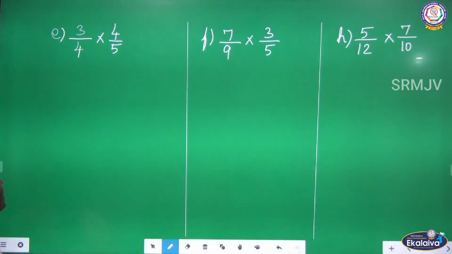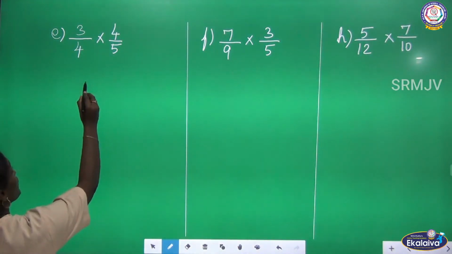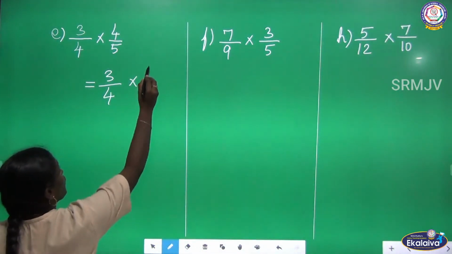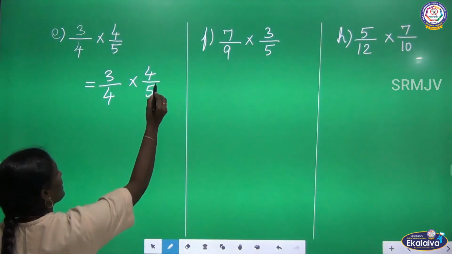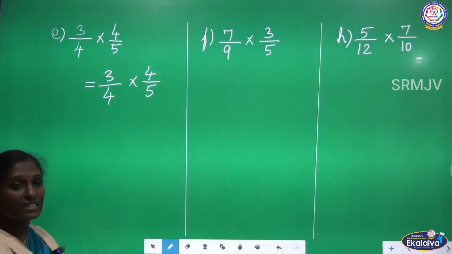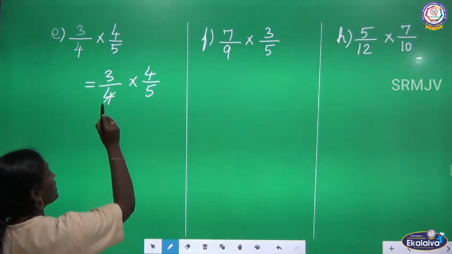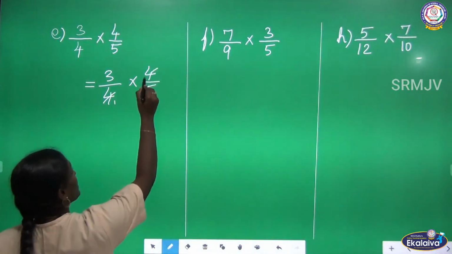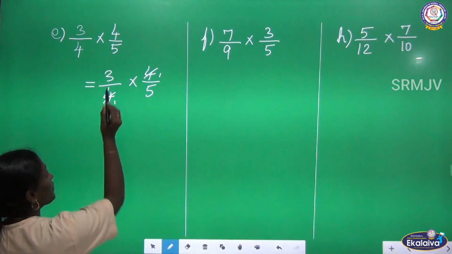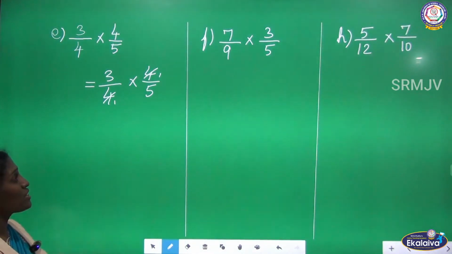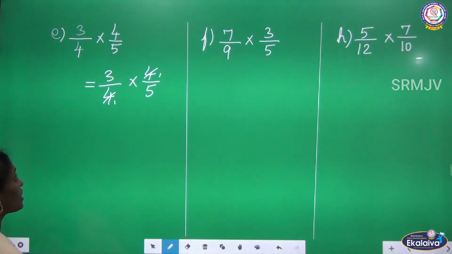The next fraction, 3 by 4 into 4 by 5. Listen, by seeing the numbers we can say that here there is a possibility to reduce the numerator and denominator. In the 4 table 1 time, in the 4 table 1 time. Here in the numerator 3 and in the denominator 5, these two numbers are prime numbers, we can't reduce the numbers.